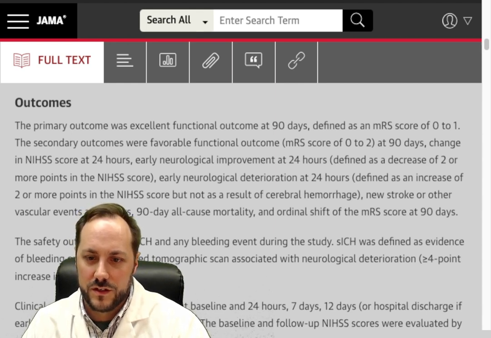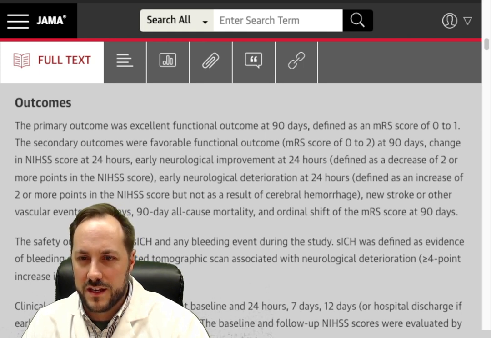So, they were looking at this primary outcome, mRS 0 to 1 at 90 days, and then they had secondary outcomes.